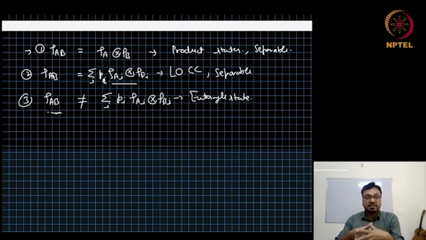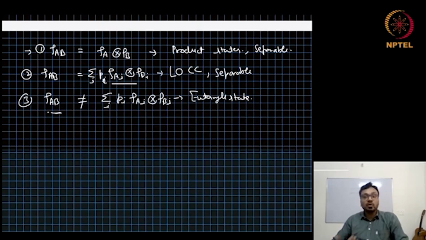If by some method we cannot find the separable decomposition, we cannot be sure whether the given state is entangled or not. But if we can find even one separable decomposition, then we are sure that the given state is separable. One separable decomposition is enough to show that a given state is separable.